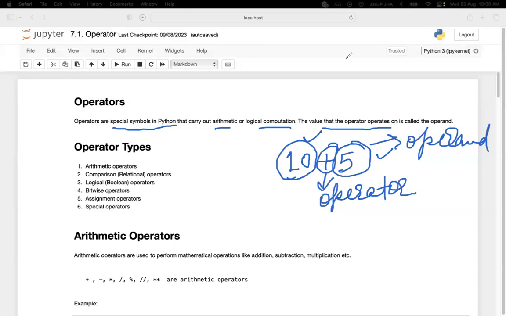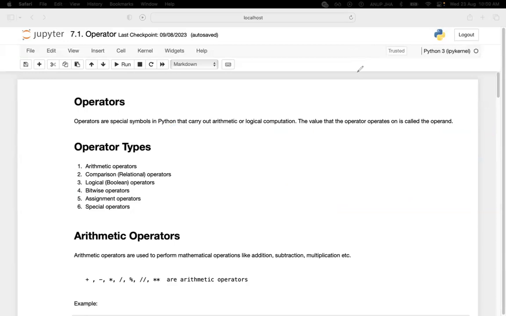We will study one by one the different kinds of operators in Python. So let's first come to the arithmetic operators.